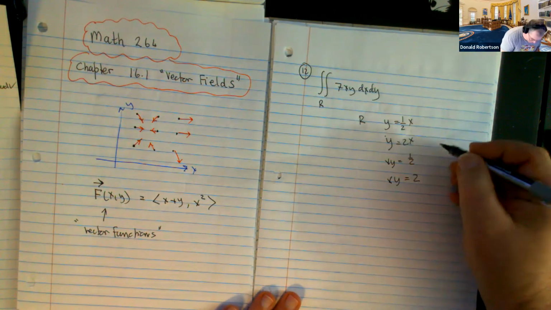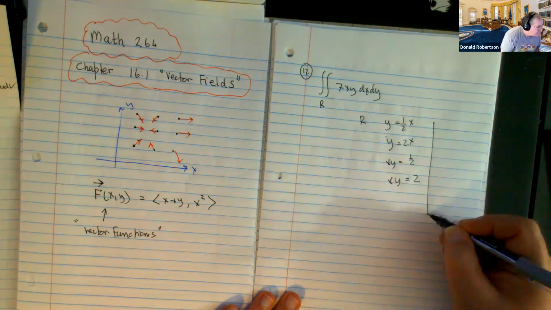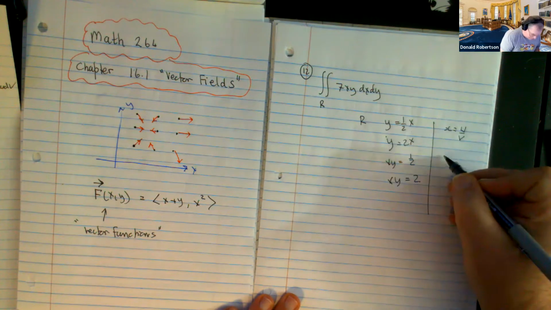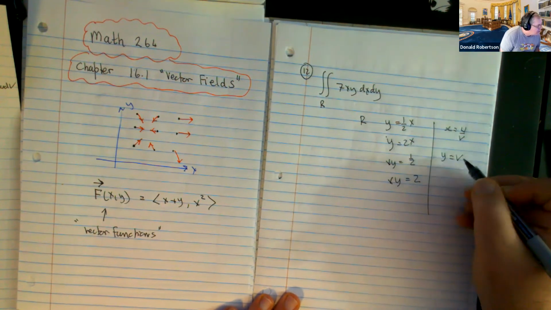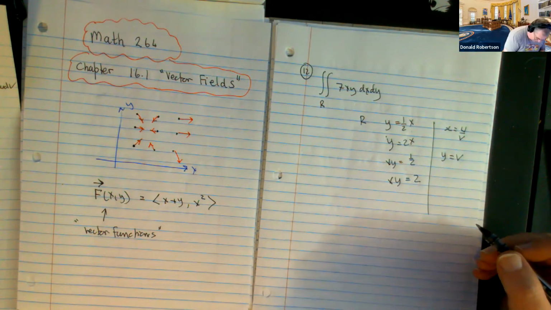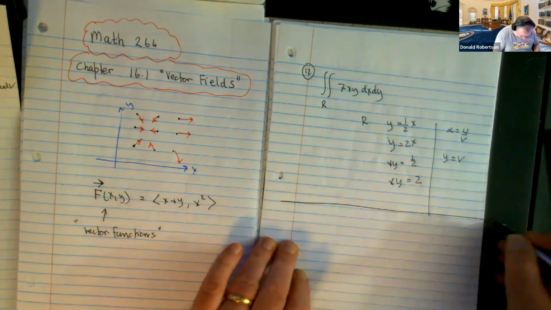And then they describe the transformation as x equals u over v and y equals v. I think that's everything. Okay, that's just the basic information.